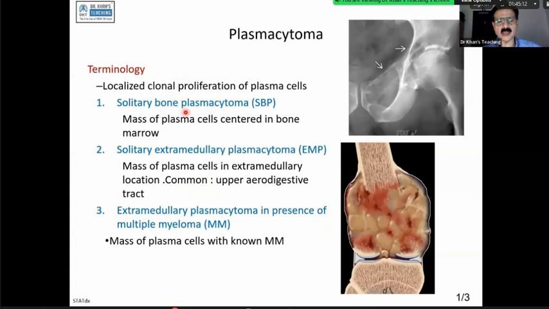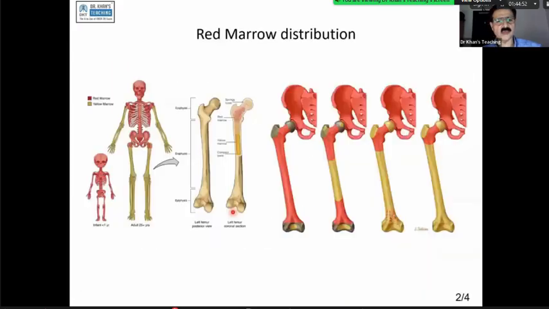And by the way, it can then degenerate into multiple myeloma. Then there is solitary extramedullary plasmacytoma, so sometimes plasmacytomas can be outside the medullary cavity. And there can be plasmacytoma with multiple myeloma. This is the histological differentiation between the two.